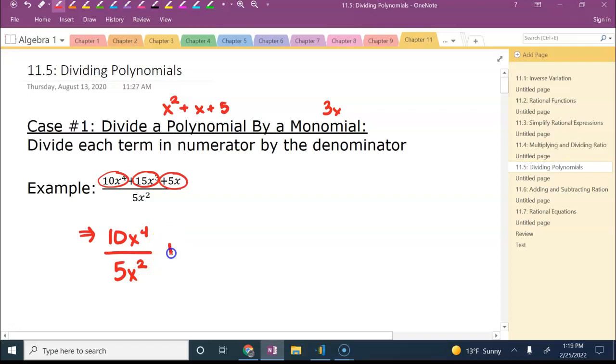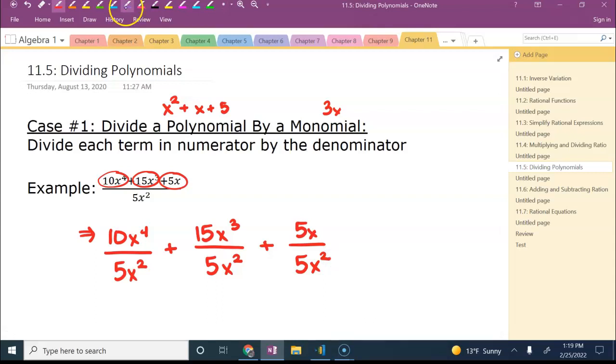And then we have a plus sign there in the middle of those terms. Then take 15x to the third and divide that by 5x squared. And then we have plus again, and then 5x divided by 5x squared. Then what you can do is look to see, is there anything that we can simplify from each of these separate problems to get to our final answer.